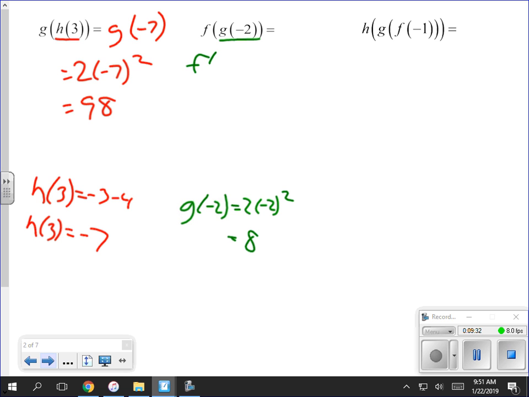So g of negative 2 is 8, and this is f of 8. Which means that I have 3 times 8 plus 2, which is 26. So f of g of negative 2 is 26.